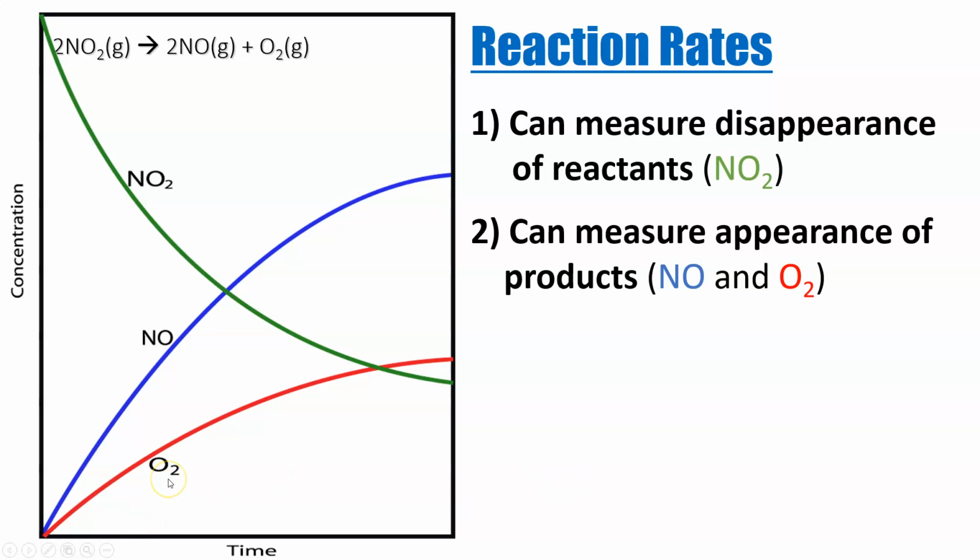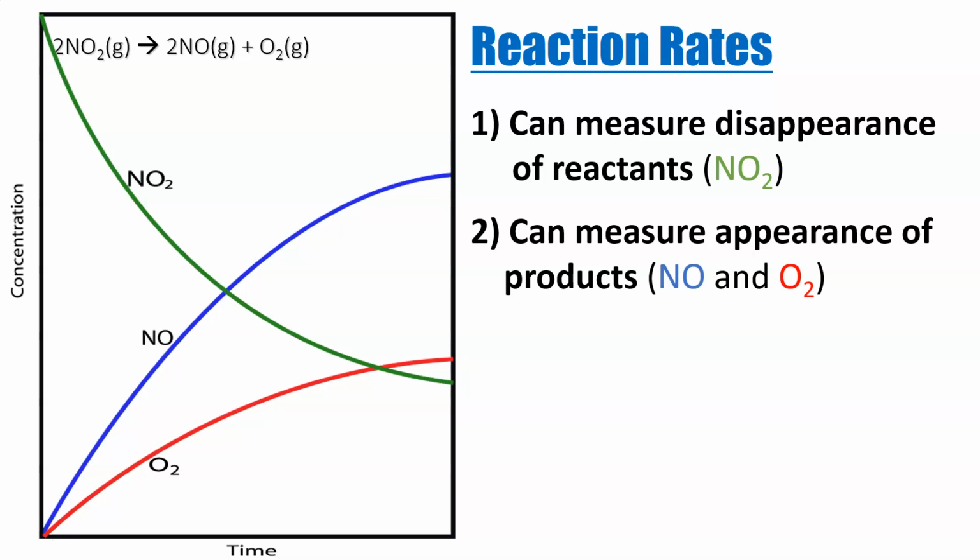Oxygen is really easy to collect. Sometimes that might be nice. Sometimes certain chemicals turn colors, so you could measure them with equipment that can detect the color. Sometimes it's a precipitate that you could weigh or something. There's different practical reasons why you would pick one versus the other.